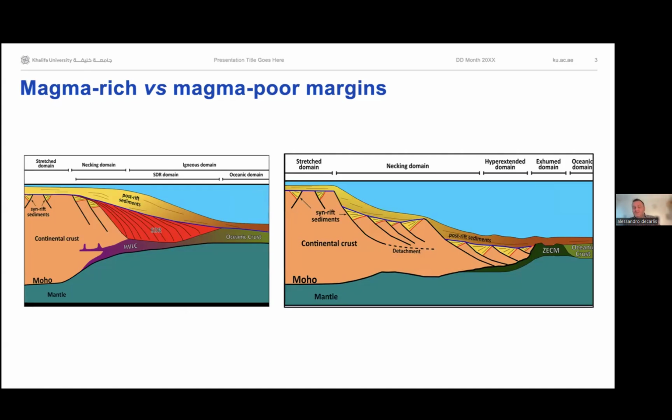In the other case, the magma-poor one, you don't have magma, or you have very little evidence for magma. The point is that this is very important for the mechanics of extension of the margin. So the role of magma is to help, in a way, extending, or not, like in the case of a magma-poor margin. So in the second case, things can be a little bit more complicated.